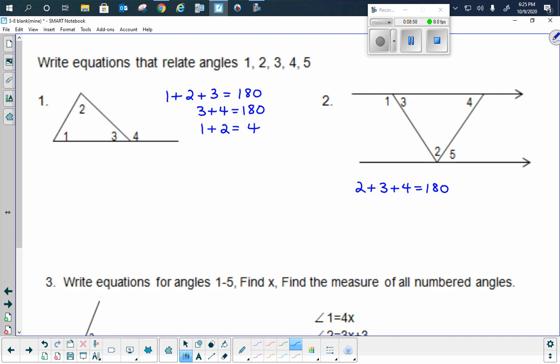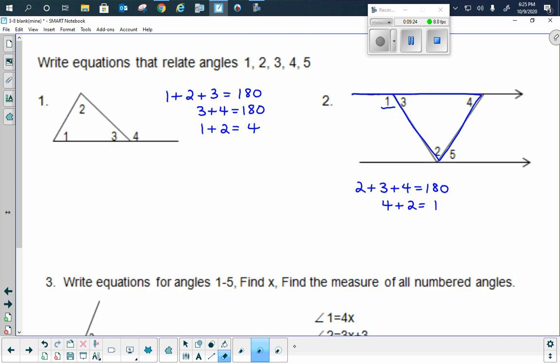I hope you notice that 1 is an exterior angle, based on just looking at this part of the triangle. So I hope you're seeing that angle 4 plus 2 equals angle 1. Could you write 2 plus 4 equals 1? Yes, that order doesn't matter.